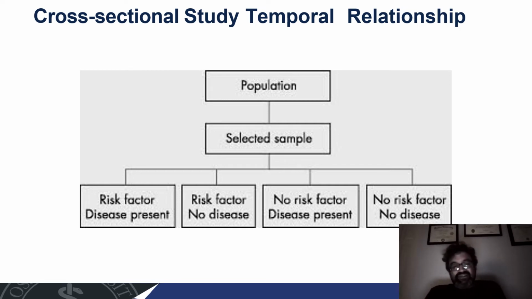I'm not going to necessarily use this figure to explain this, but you have a selected sample, and then in that selected sample you have risk factor with disease present, risk factor with no disease, no risk factor with disease present, and no risk factor with no disease.